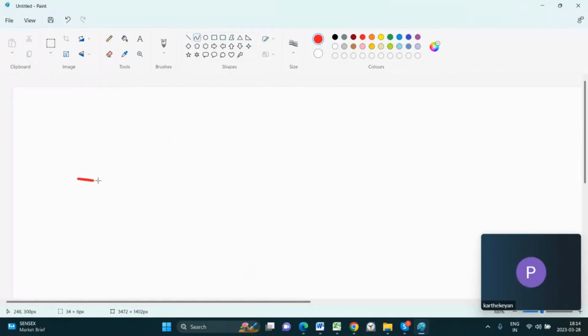There is a string. One person at this end is pulling this side. The other person on this side is pulling on the other side. They keep pulling it like this, holding the corners, and somebody on the other side keeps pulling this side.